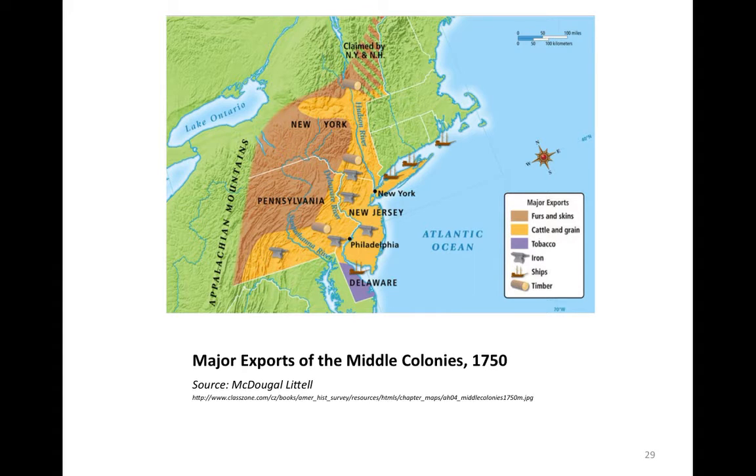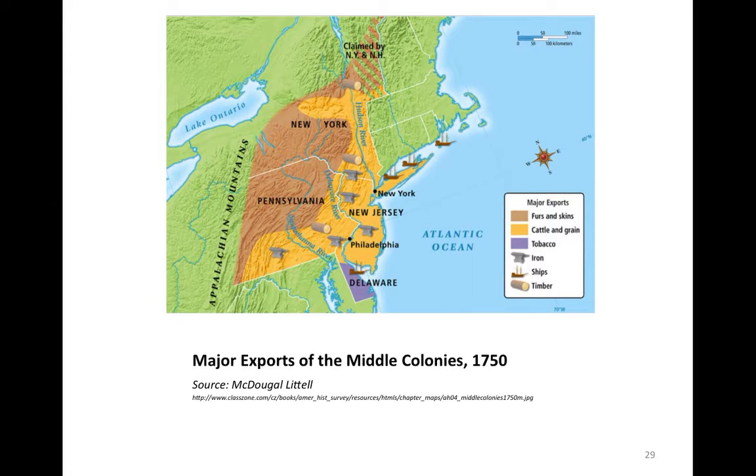So here's the map of the Middle Colonies. Middle because, of course, they're sandwiched between the Southern and New England colonies up here. It includes New York, Pennsylvania, New Jersey, and Delaware, depending on who you talk to, but we're going to focus on New York and Pennsylvania.